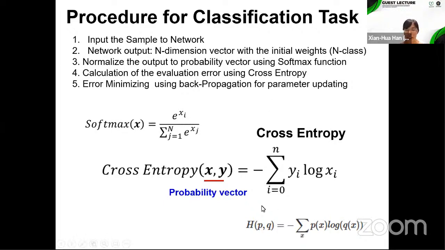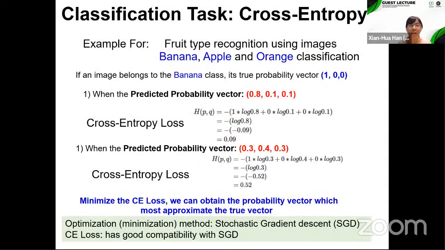We use this function to evaluate whether the network state is good or not. I'll give you some examples for cross-entropy. You can study yourself how and why cross-entropy works in classification.